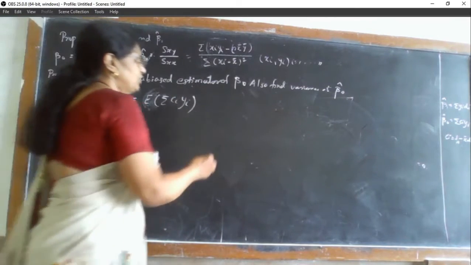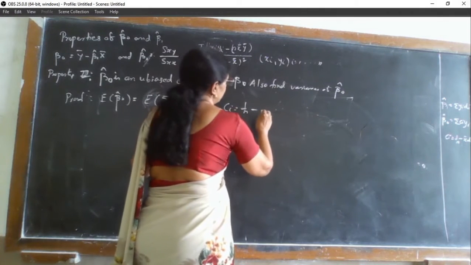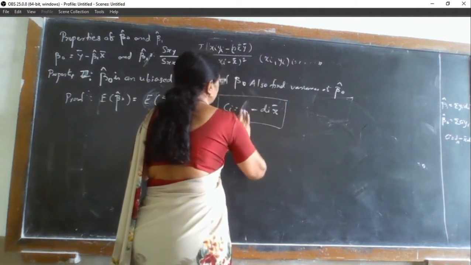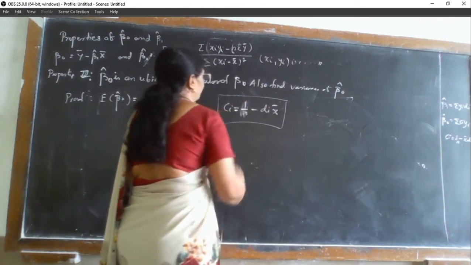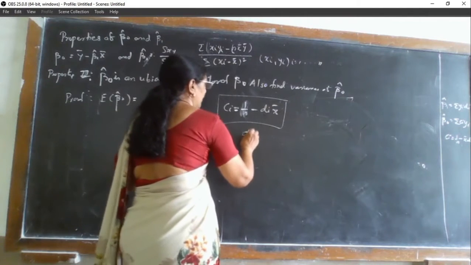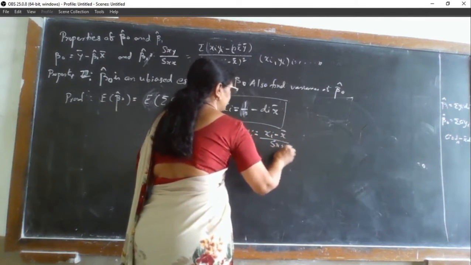And what is Ci? Ci is 1 upon n minus di into x bar. What is di? Di is (xi minus x bar) upon Sxx.